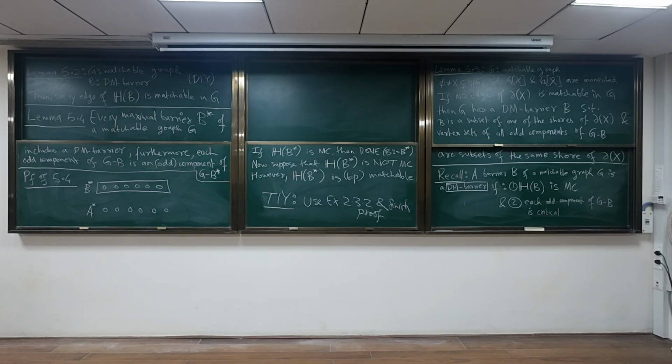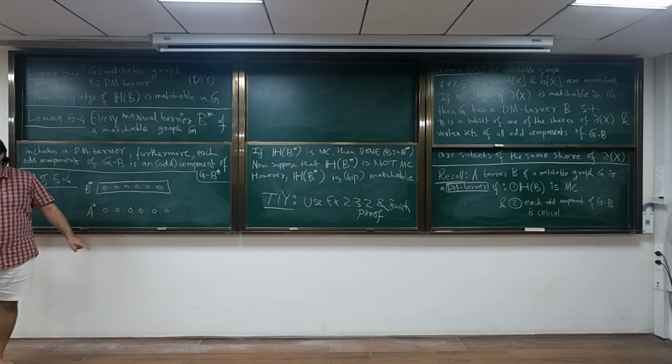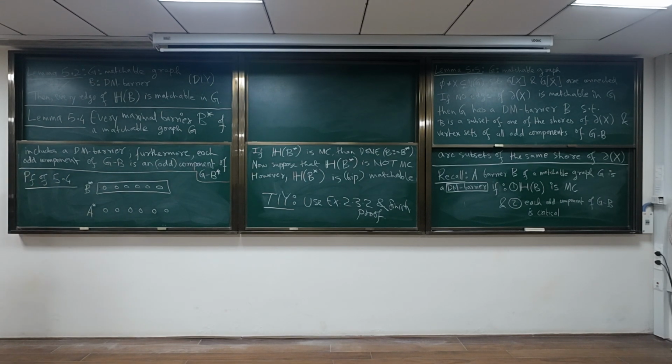Remember this condition. This condition is very important. Each odd component of G minus B is also an odd component of G minus B star. That is also a condition you need, and that condition actually helps a lot to figure out where you should apply.